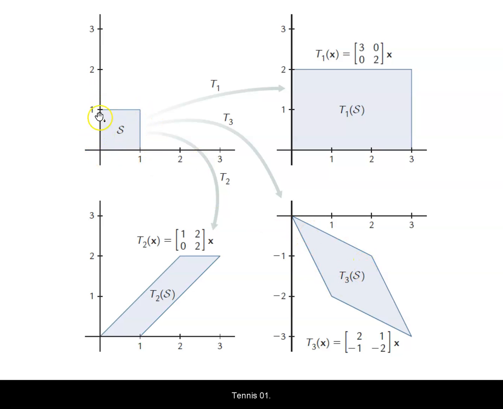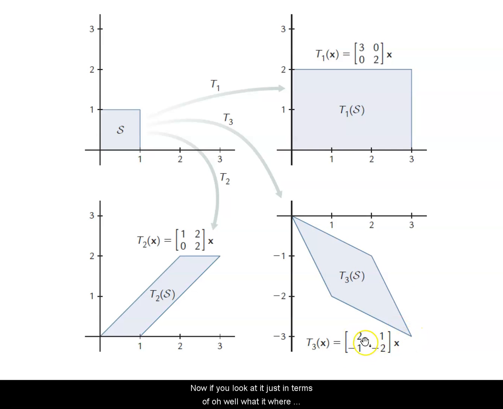And this 0, 1 turns into 1, negative 2. So that means I go to 1, negative 2. That's the other edge, okay? So this becomes one edge, and that becomes the other edge, and then I finish out my parallelogram. And that's how I transform this vector. So this space that I had gets transformed into this crazy kite or parallelogram that we have here, okay?